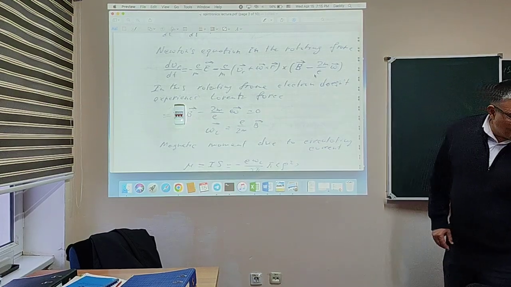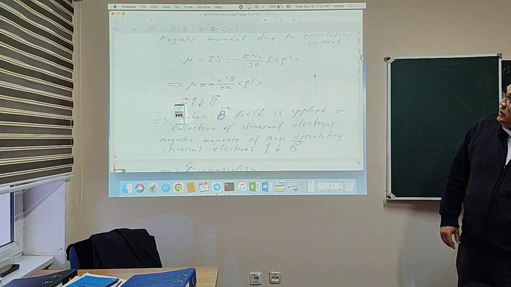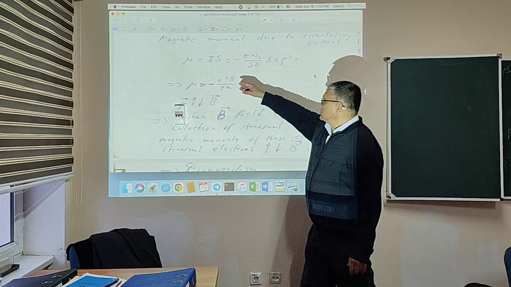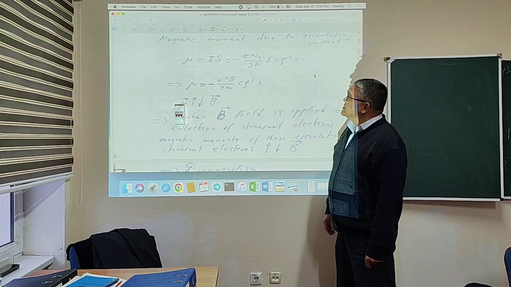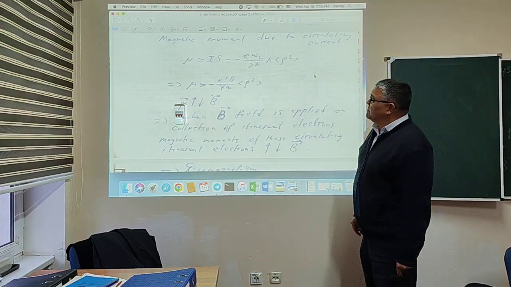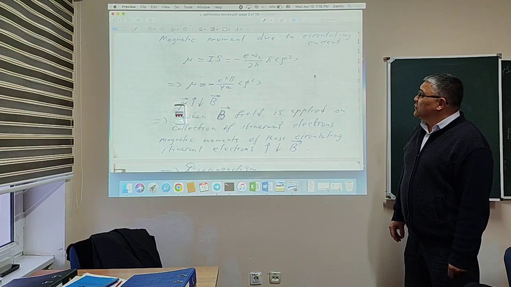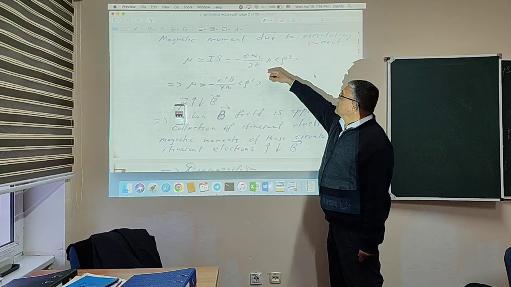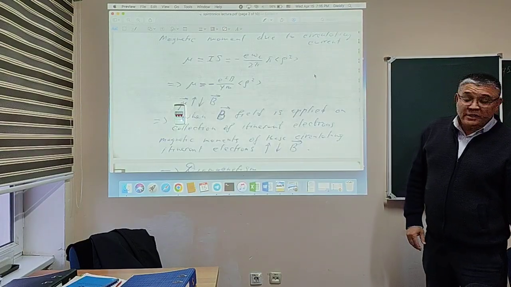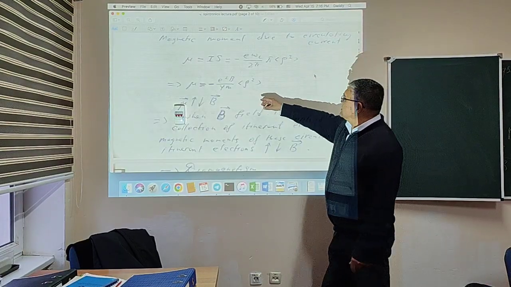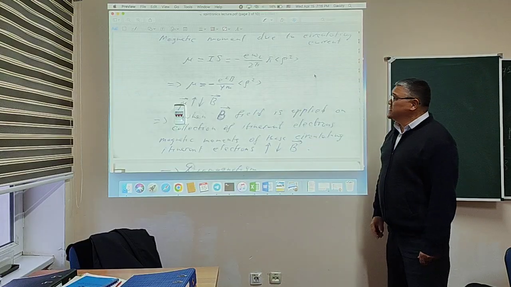Now if we find the magnetic moment due to this rotating electron, it will look like this formula here. Here I stands for the current, and S is the area of this circular motion, and we will have this equation according to this theory. The formula for the magnetic moment looks like this when we substitute the expression for the frequency.